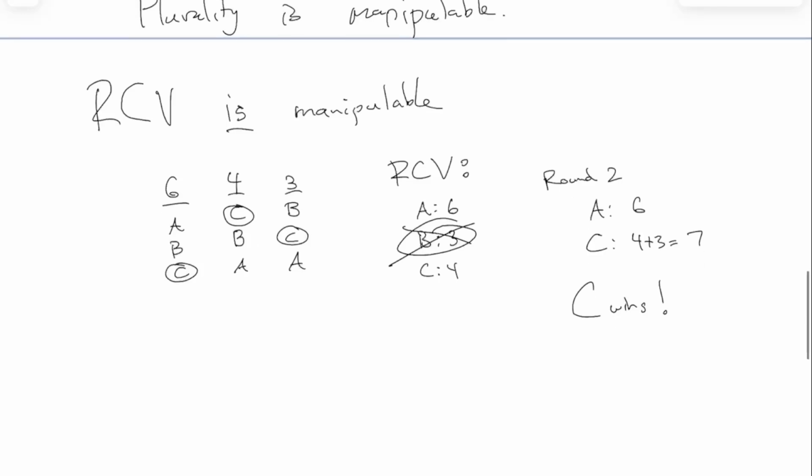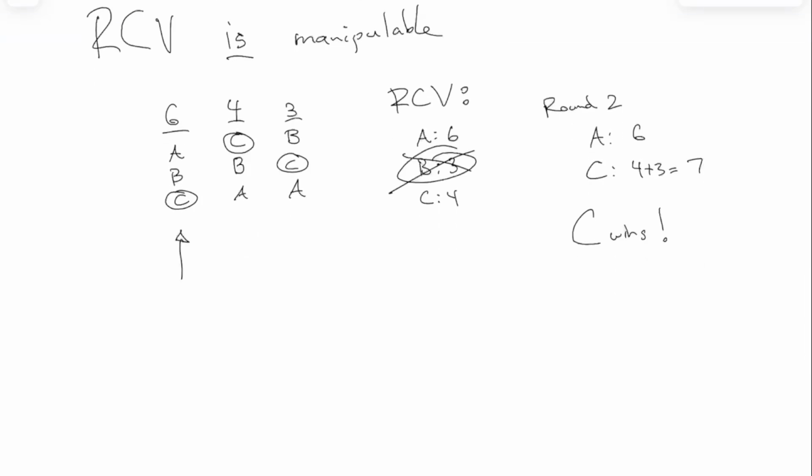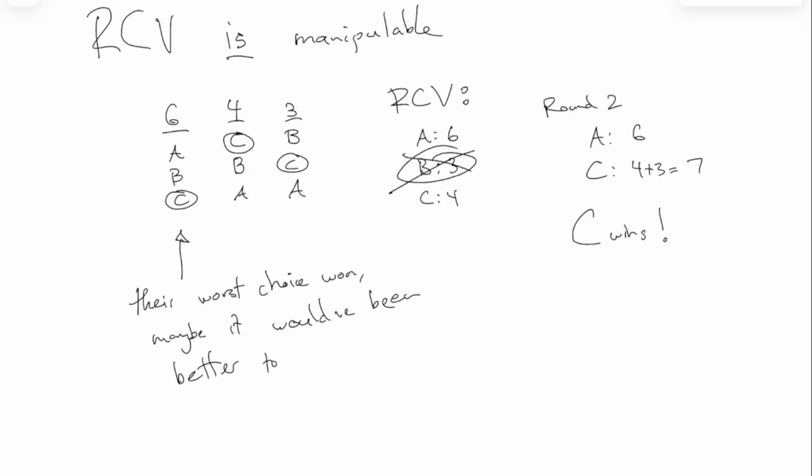I would say their worst choice won. Maybe it would have been better for them to vote BAC. Maybe in this election, it's not clear by looking at the numbers, A is some kind of nadir, and they should have instead put B on top.